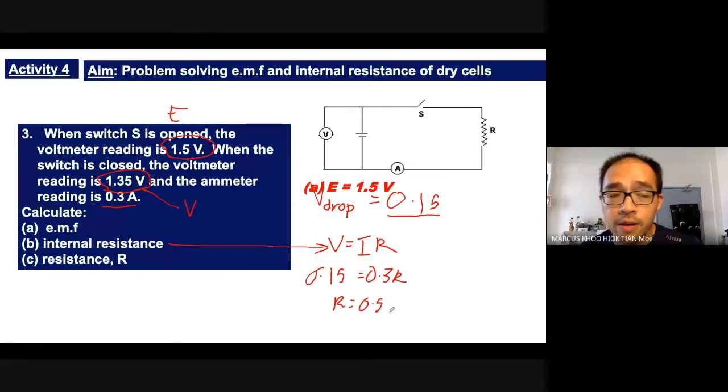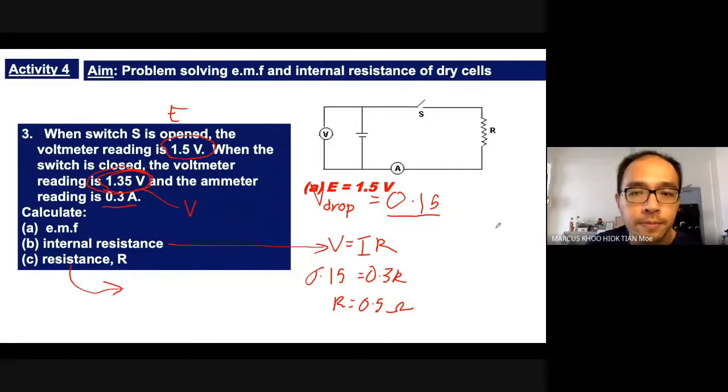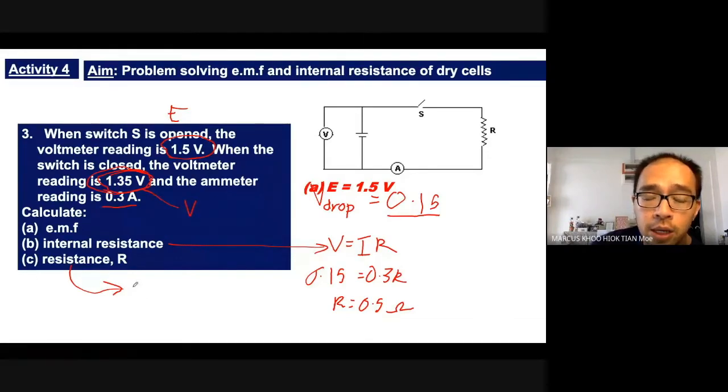Okay, very good. I should have brought out my pen today. So what about the big resistance? Which one do we use to calculate the big resistance? We use the voltage reading. Let's have Jacinta. Jacinta, reading of the resistance, please. 4.5 ohms.